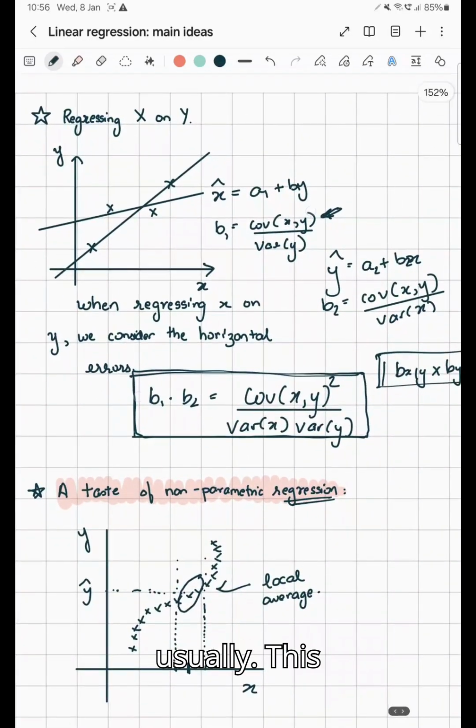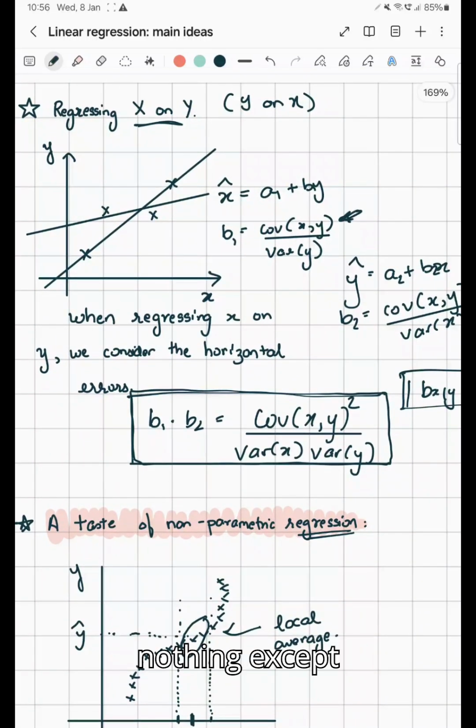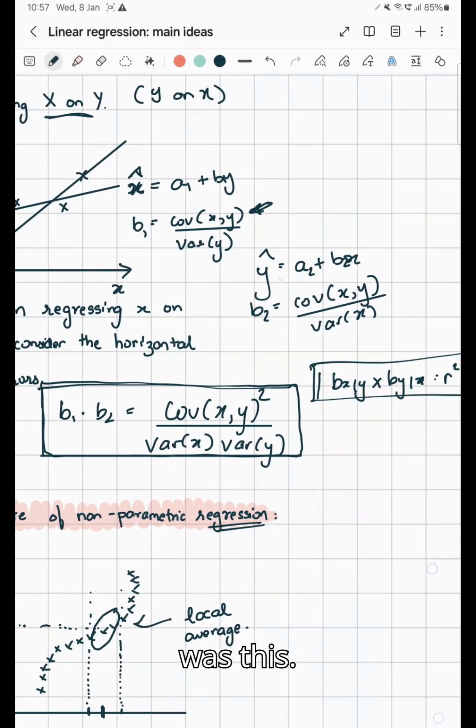So usually there is an asymmetry in these regression problems between x and y. We have been doing y on x so far. It is nothing except the fact that you switch the problem and now estimate x. So x hat becomes a1 plus b1 y. Remember the y formulation was this.